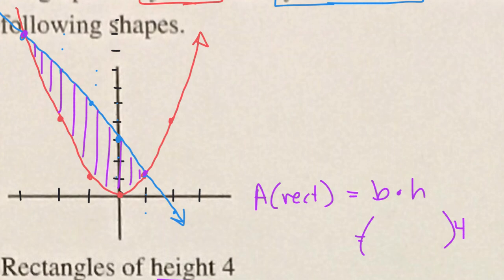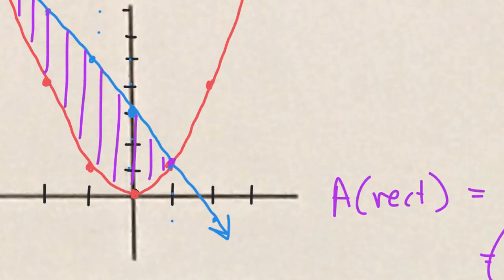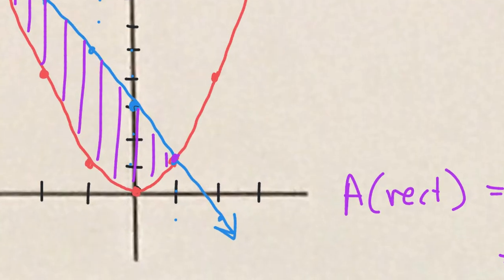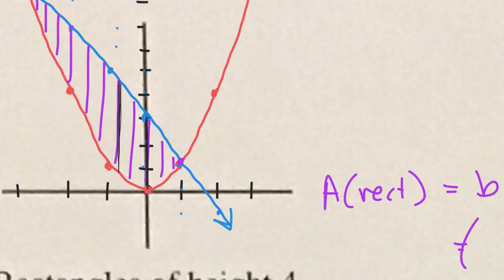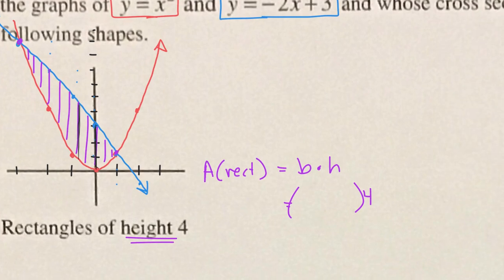And what is my base length? So the base of the rectangle is going to come from this, right? This is the base of my rectangle. However far it is between the blue line and the red line, that's the base of my rectangle. And the height is going to be 4. So how do I calculate that length from the blue line to the red line? And this is what we went over yesterday.